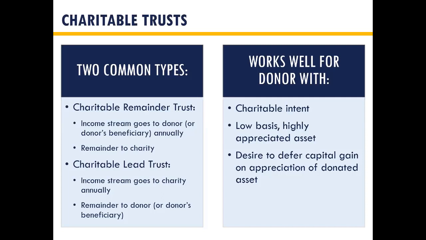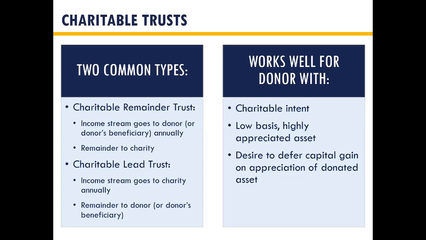You could structure it as an annuity trust, which is a fixed payment amount. So I'm going to establish a charitable remainder trust. Me as the income beneficiary is going to get a fixed dollar amount every year for the next 20 years, because that's the term of my trust. And at the end of the 20 years, the remainder goes to the charity.